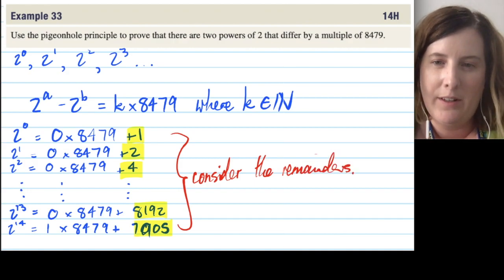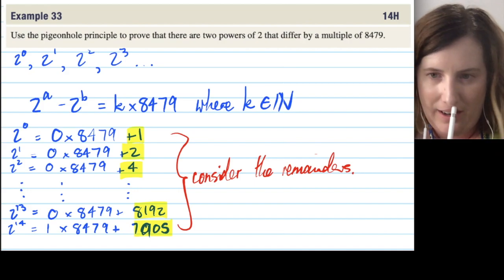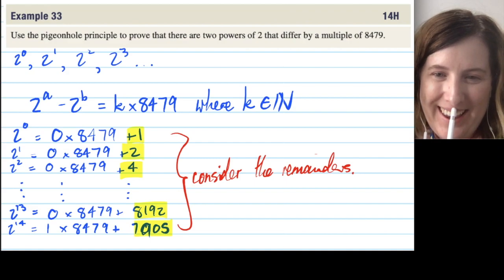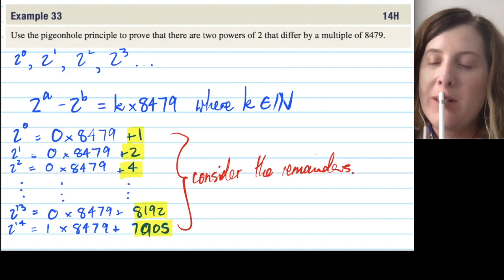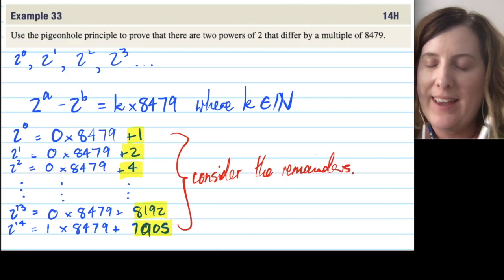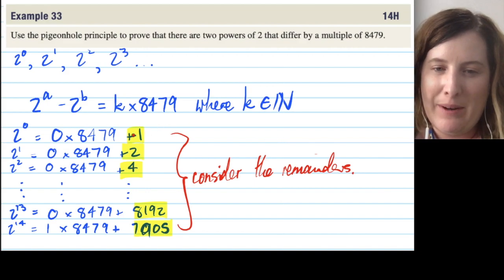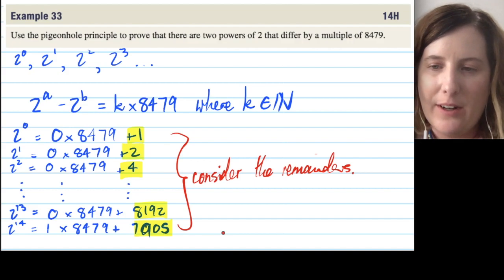we're just considering the remainders, then in order for these to differ by a multiple of 8,479, well, even if they didn't, even if we had to get all of them until we ended up with one that was like 8,480, and then we had this one with 1, so that would be a difference of 8,479 itself.